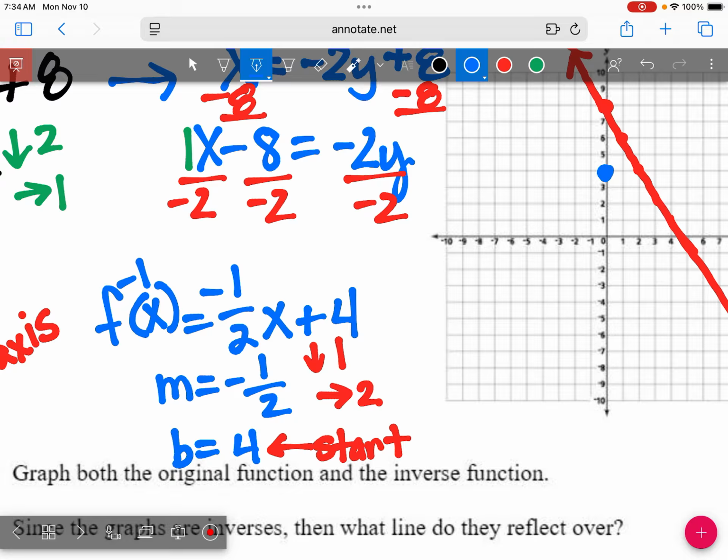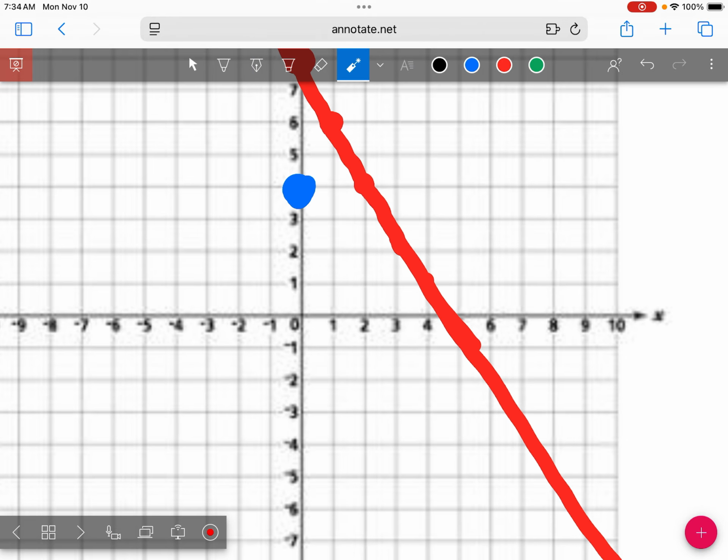And then from that point, go down 1 to the right 2. So hop down 1, 2, put a point. From that point, hop down 1 to the right 2, 1, 2, put a point. And then you just connect your line.